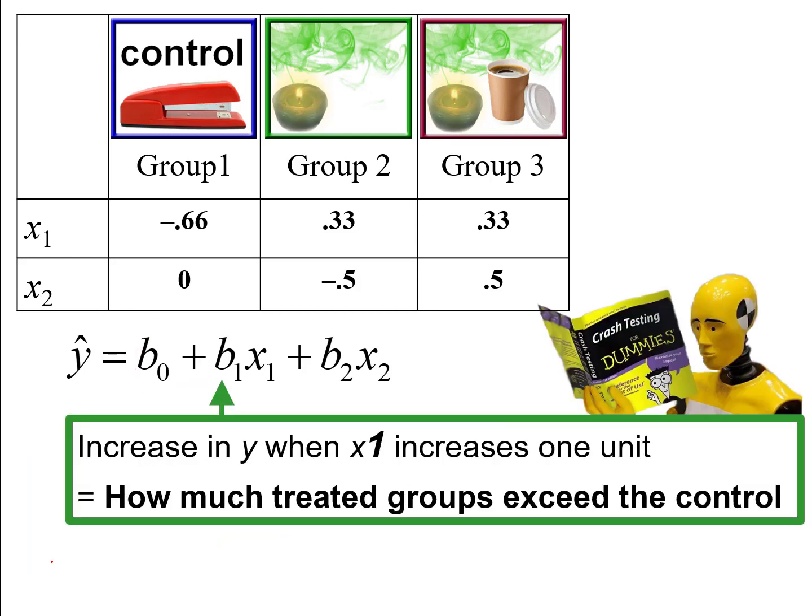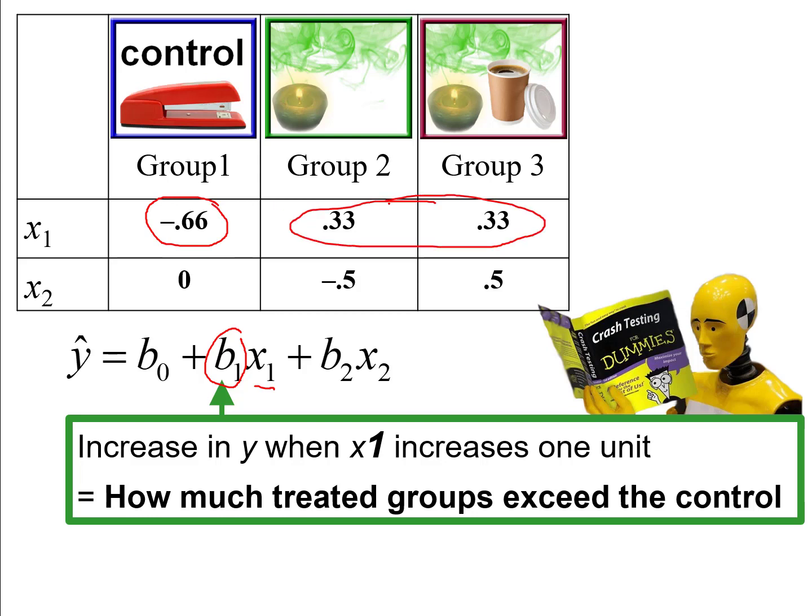Now let's look at our first slope, beta 1. What does that tell us? As always in regression, a beta tells you the expected increase in y given a 1 unit increase in x. So in this situation, what does a 1 unit increase in x mean? Well, for x1, a 1 unit increase means we go from negative 0.66 to positive 0.33.